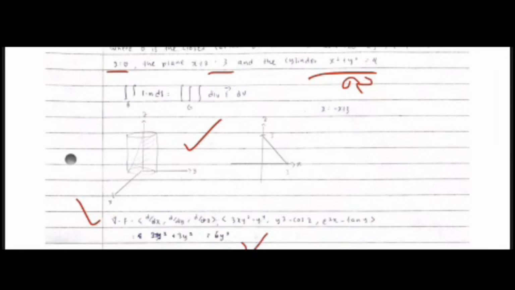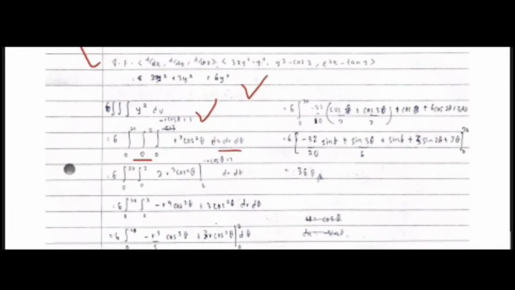X square plus y square equal to r square equal to 4, and we will get the limit for r from 0 to 2. Next, theta is from 0 to 2 pi, because we see a circle up here, and we just integrate like usual.